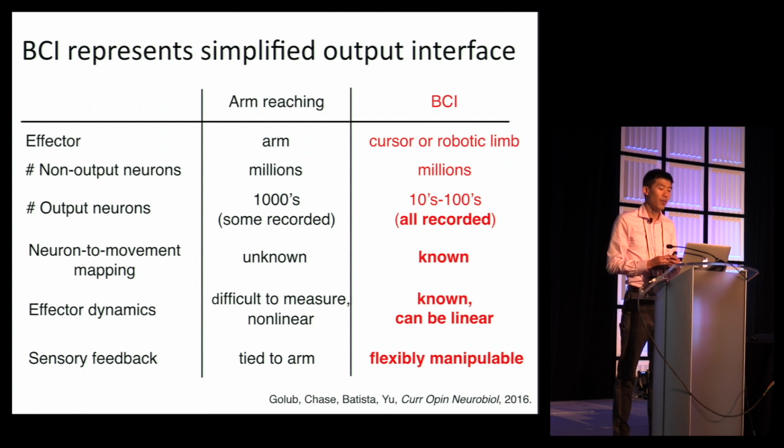Furthermore, the neuron-to-movement mapping is known because we, as experimenters, get to define what that mapping is, and we can define that mapping to be simple and linear, for example the one I showed you on the previous slide. Furthermore, sensory feedback is flexibly manipulable. What I mean by this is that in a BCI, proprioceptive feedback is not tied to where the cursor is.